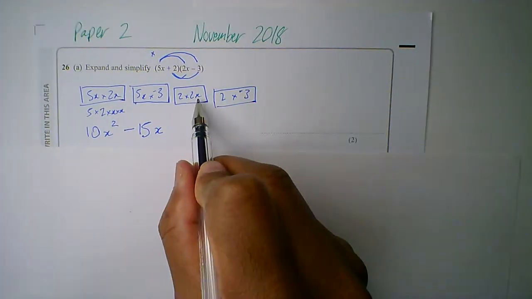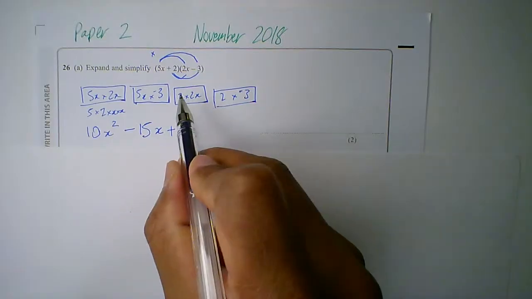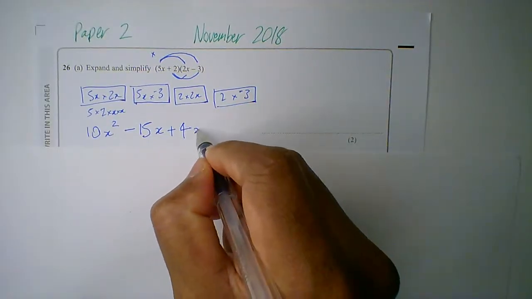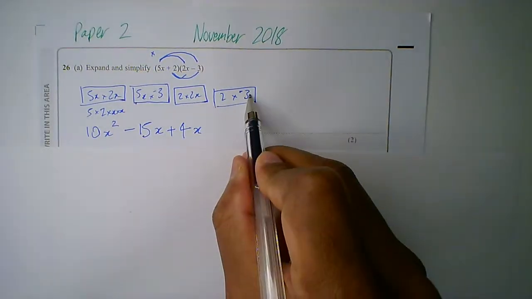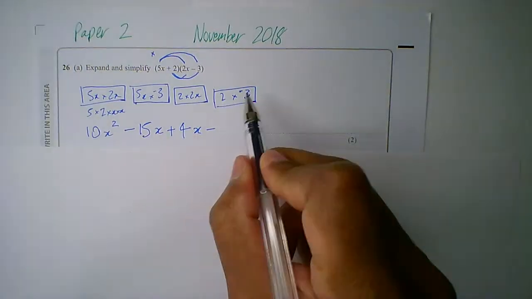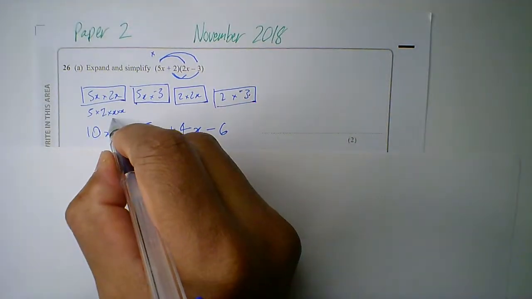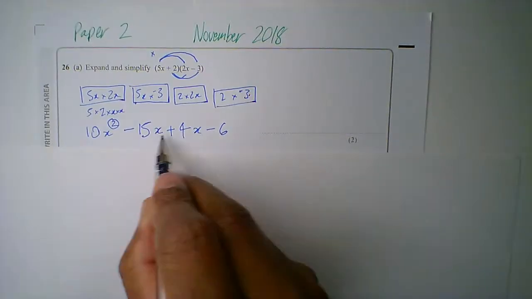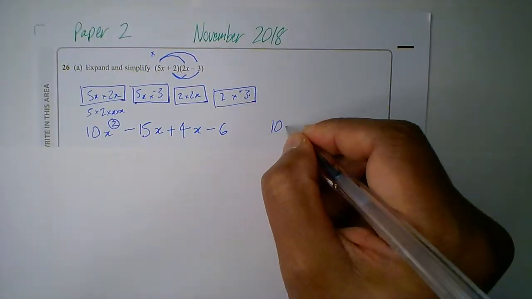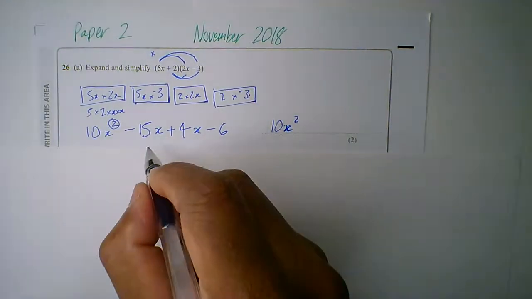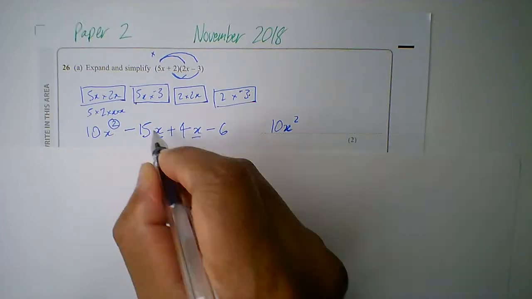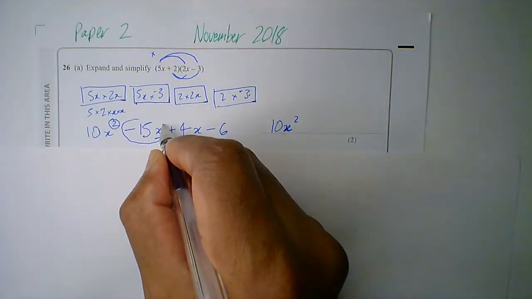These are two positive numbers, so plus 2 times 2 is 4x, positive and a negative here, so that gives me a negative. 2 times 3 is 6. Okay, and then I can see this is a squared term. There's no other squared terms here. 10x squared. This is an x term, this is an x term, so these are like terms.